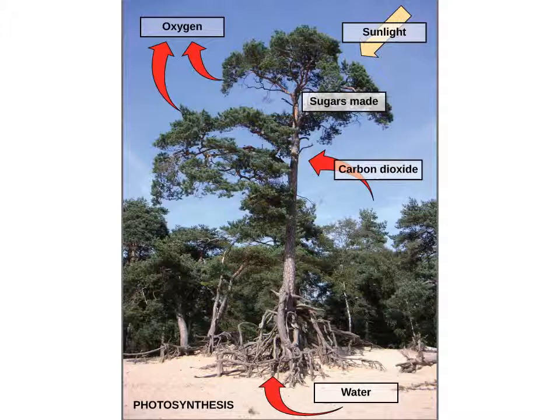So looking at how photosynthesis and cellular respiration work together, how plants and animals work together. So plants giving off oxygen, this is probably bringing you back to elementary school or middle school, and we're taking in oxygen, we're giving off carbon dioxide so that the plants can use it to formulate their own food.